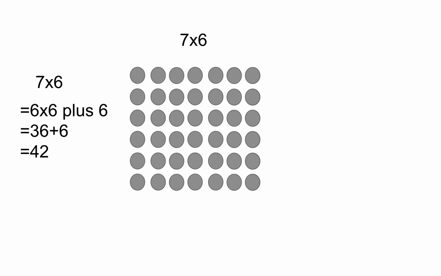What's another square that you might see here? So 7 times 6 is almost 6 times 6. And 7 times 6 is almost 7 times 7. So there's another squares fact that you can use. So how can I use 7 times 7 to figure out what 7 times 6 is?